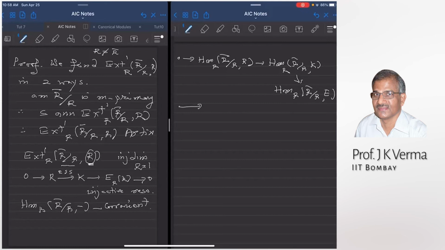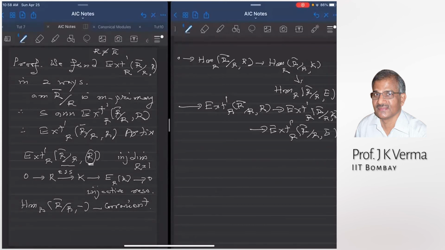Then I get my Ext modules: Ext^1(R bar over R, R), Ext^1(R bar over R, K), and Ext^1(R bar over R, E). And then I get 0, right?